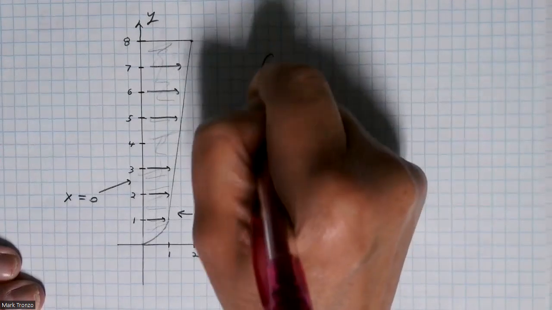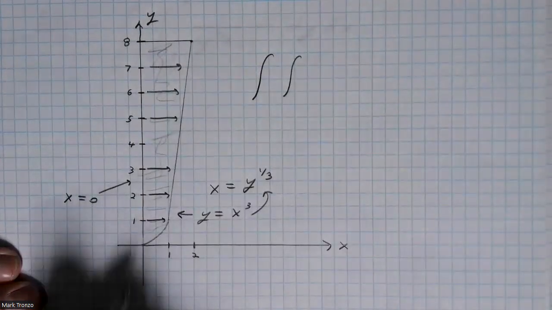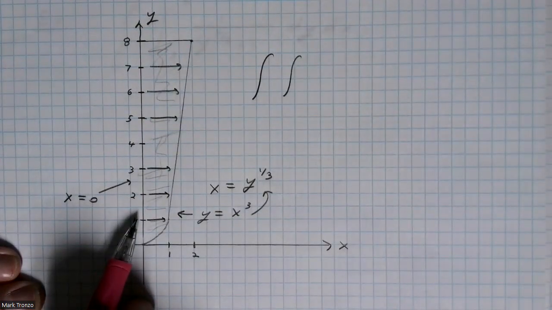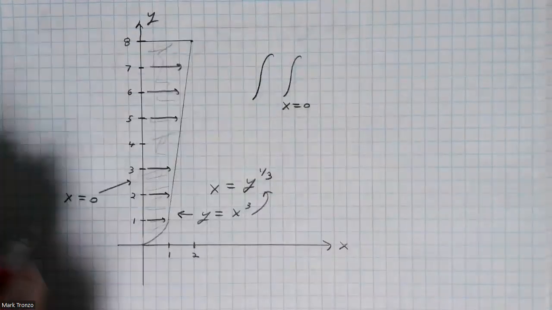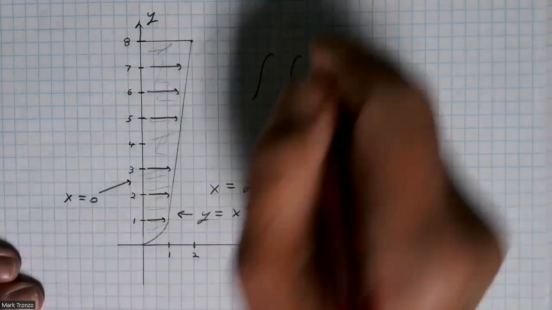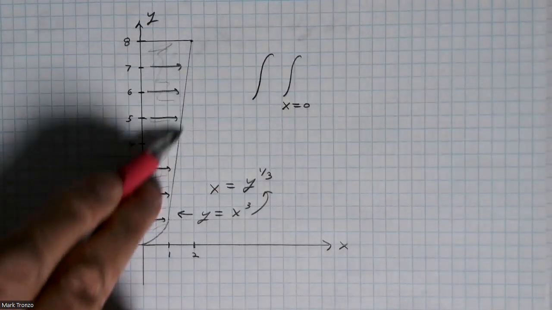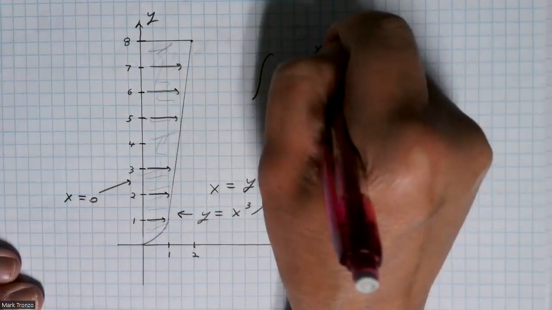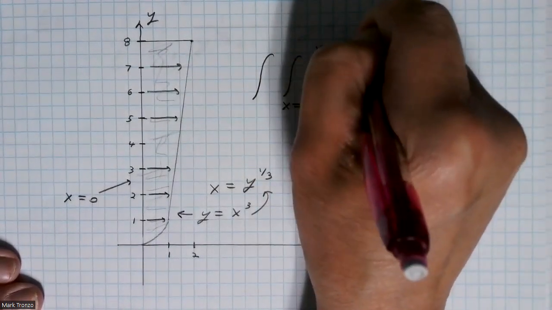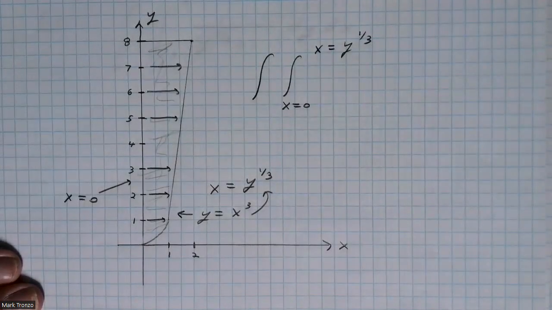And so let's do our double integral. We're starting at x equals 0, because that's where the arrows are starting. And they're ending on this curve here, which is x equal y to the 1/3.